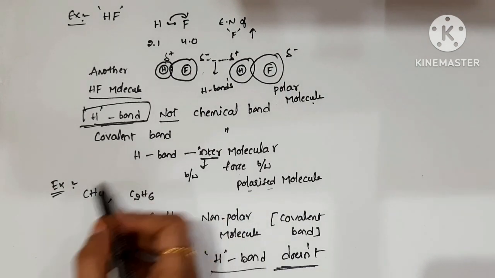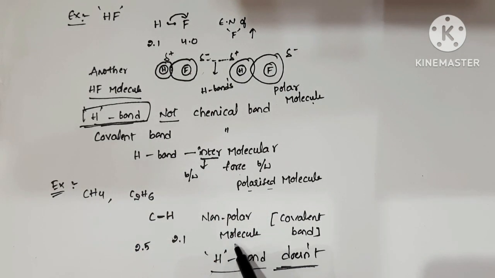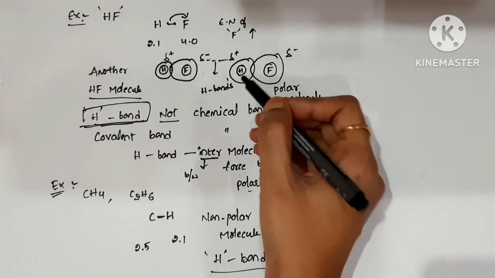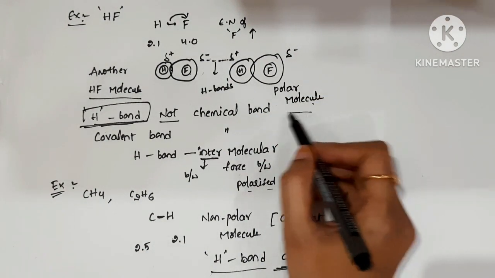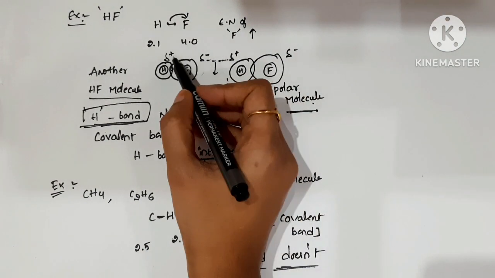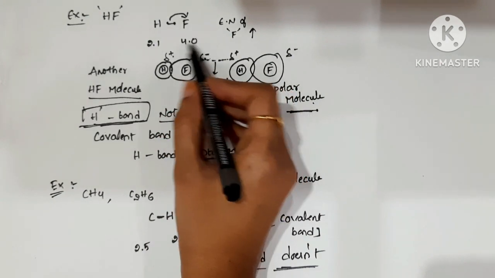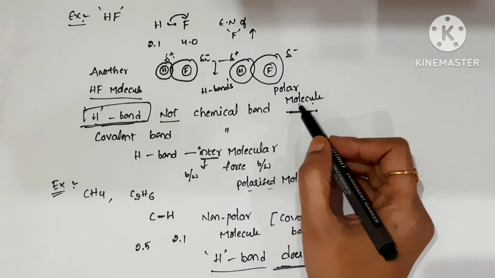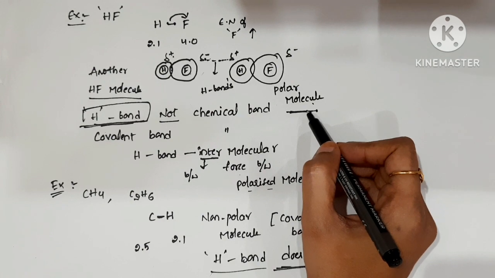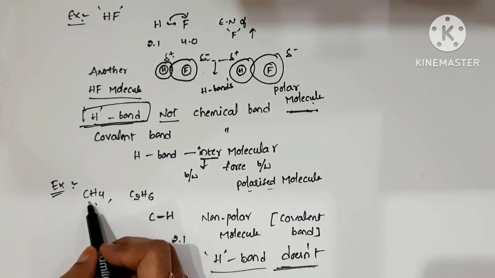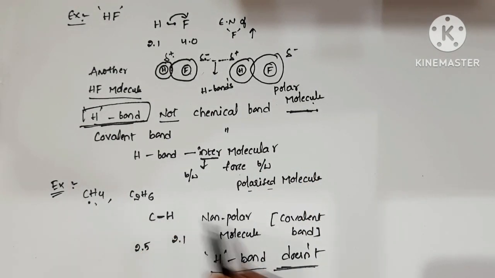Why? Because these molecules are non-polar. Hydrogen bond exists in polar molecules, where a positive pole and a negative pole are formed. So in CH4 and C2H6, hydrogen bond does not exist.